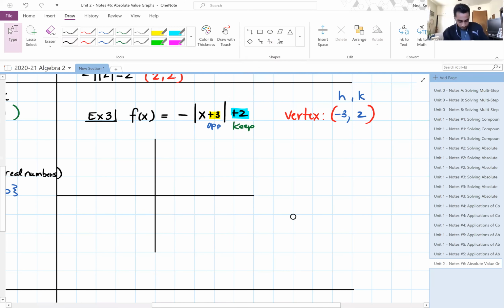Okay. So vertex first, right? So we go, here's -1, -2, -3, and then up 2. So we're going to have a point right here. That's my vertex. Okay. That's my V, -3, 2.